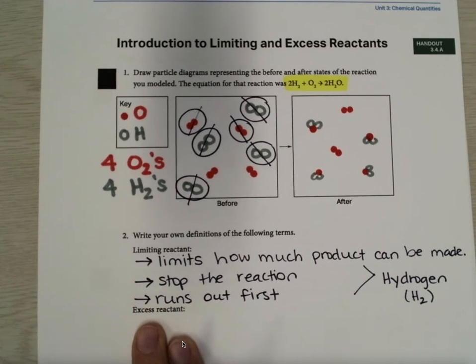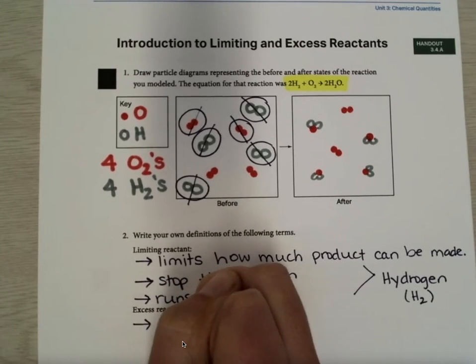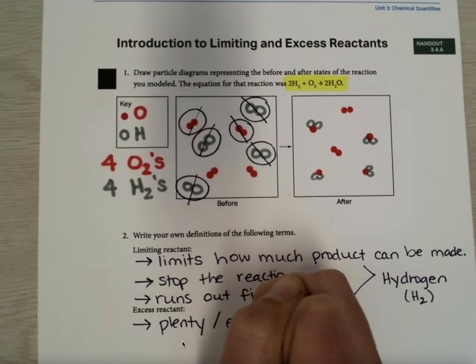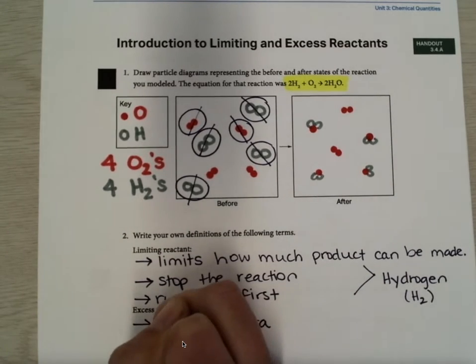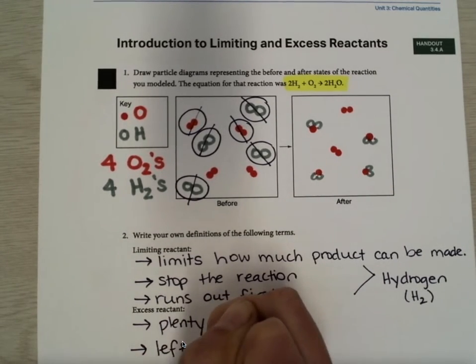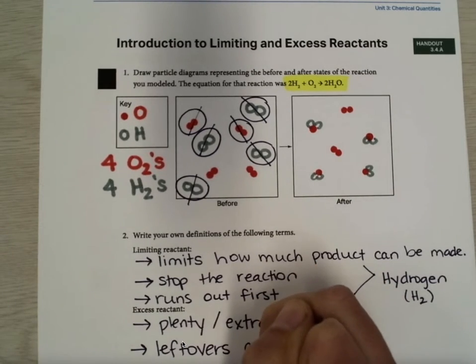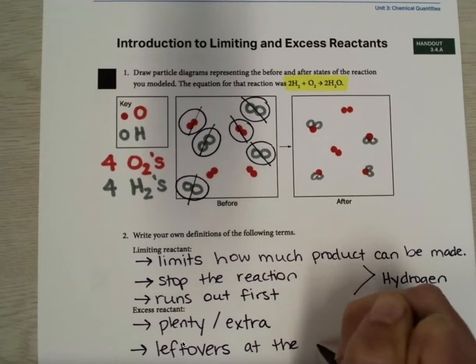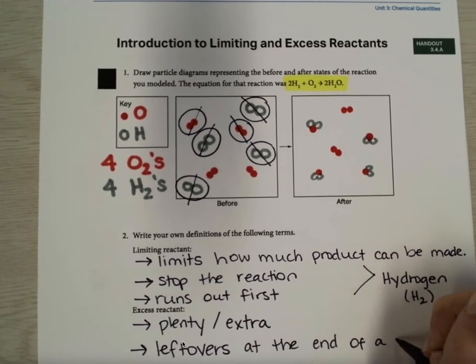The next term we have here is excess reactant. Excess reactant is what you have plenty of, or maybe the extra that's left over, right? Right, these are the leftovers at the end of a reaction.